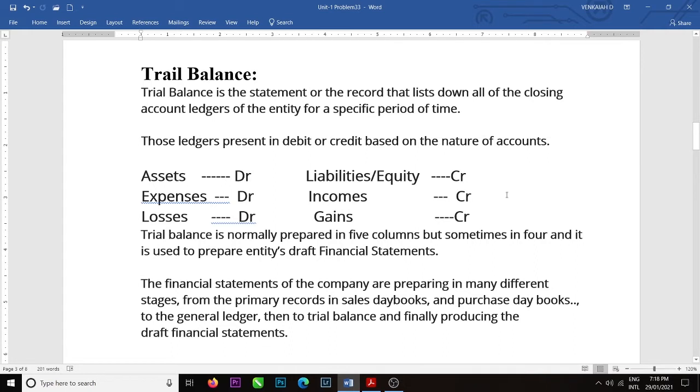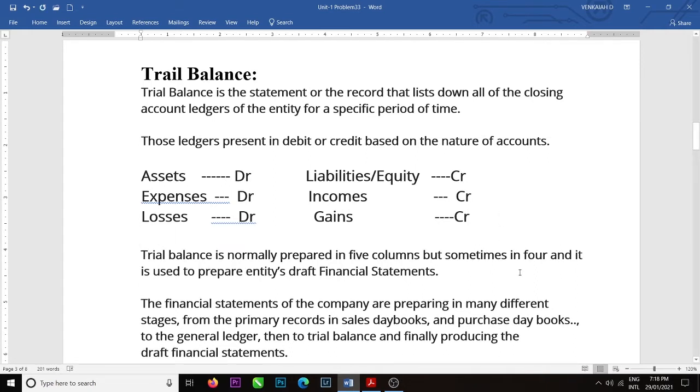So, trial balance is normally prepared in 5 columns, or 4 columns, or 3 columns, according to our convenience. The financial statements of the company are prepared in many different stages, from the primary records of sales and purchases books, to the general ledger, then to the trial balance, and finally producing the draft financial statements.